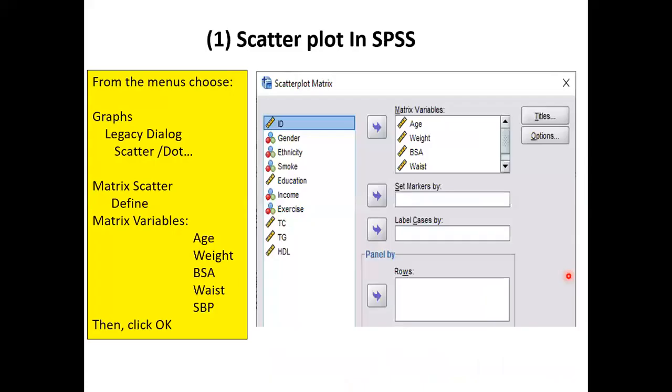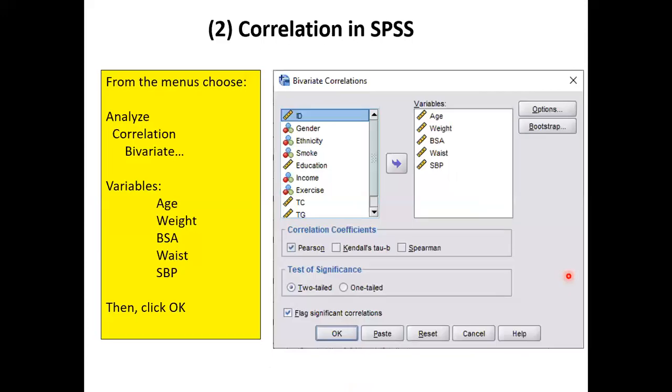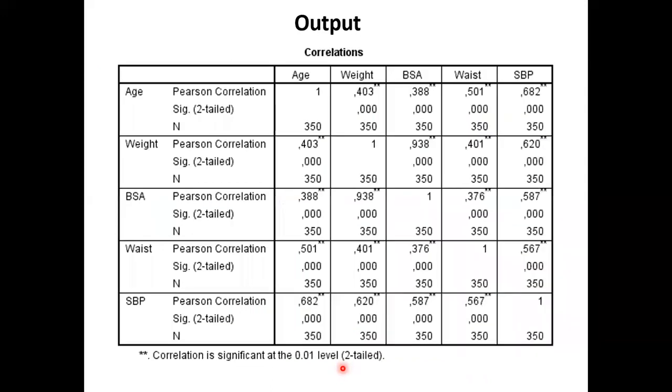So first step is scatter. Second step, correlate. Again, we do exactly what we did last week. Last week, we needed two variables. Now you have more than two variables. Bring all the variables inside here and click OK. The results. Again, on the right hand side, above the diagonal, this is a mirror image of what is here.